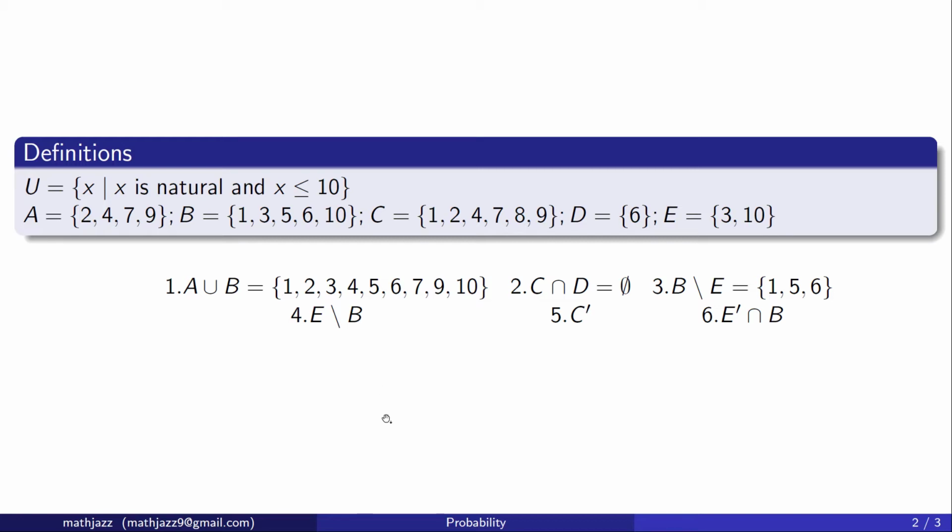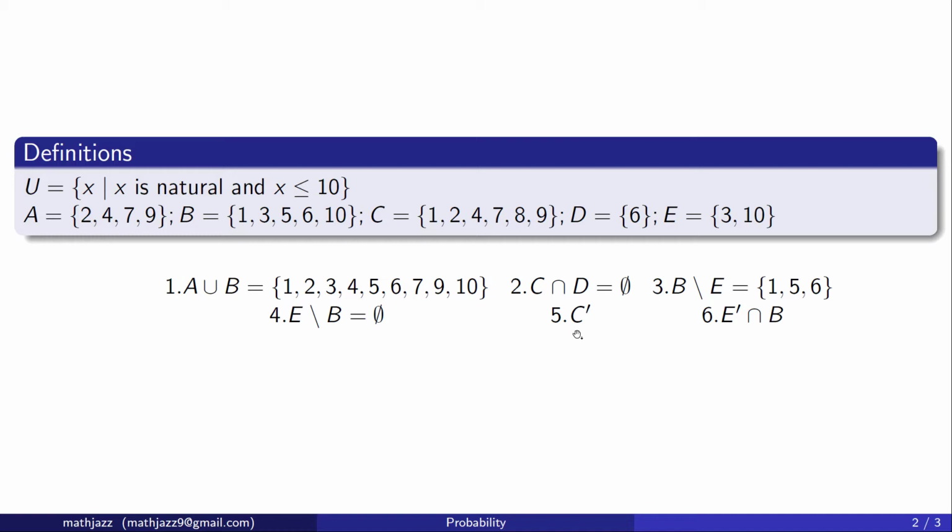We're going to switch these letters around now for number 4 to E minus B. So all of the elements of E, and then delete the ones that happen to be in B. Well, that's empty, because 3 and 10 are the elements of E, and both of those are elements of B, so both of those get deleted. We don't care about the 1, 5, and 6. Since 1, 5, and 6 weren't in E, we can't delete them from E, so we just leave them alone.